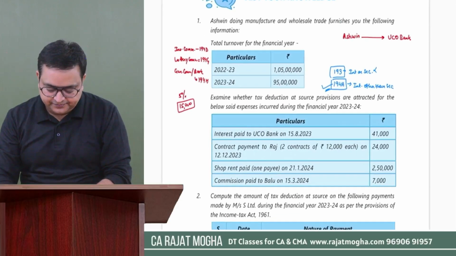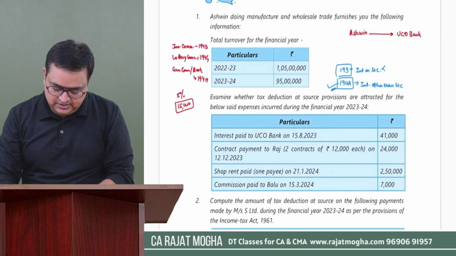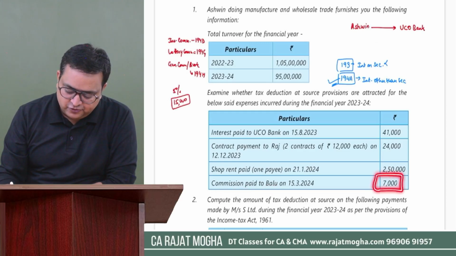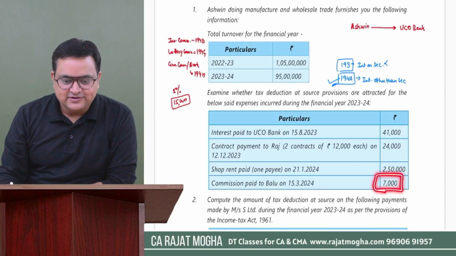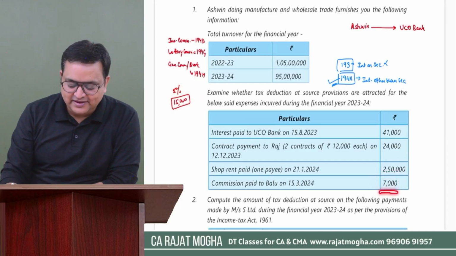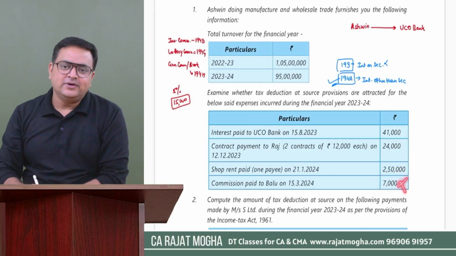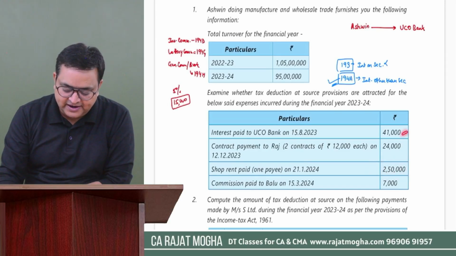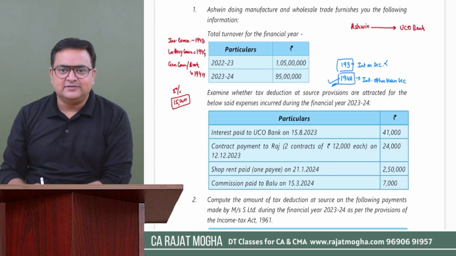So here, you are paying commission to Ballu, how much? 7,000 rupees. Is it more than the threshold limit? The answer is no, sir. We understand the threshold limit is 15,000. So here we are paying just 7,000. So here also TDS will not apply. TDS is not getting applied in any of these three conditions, right?